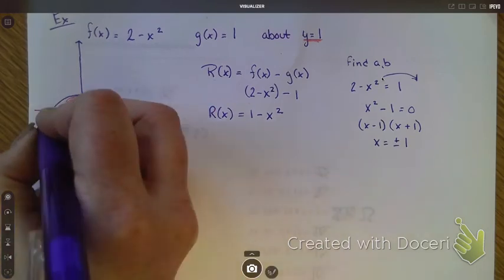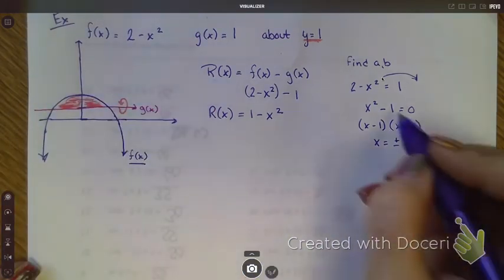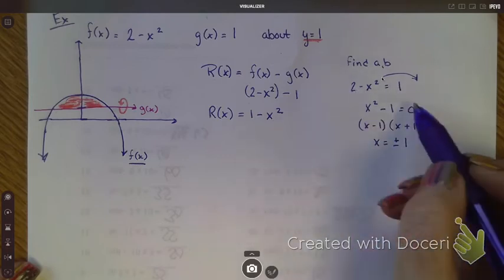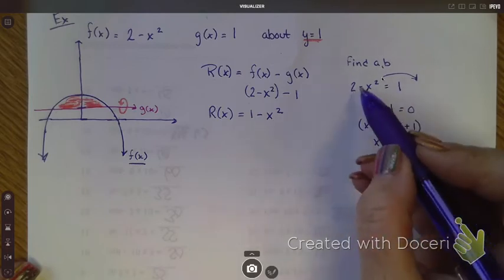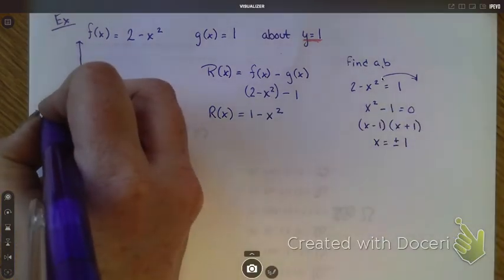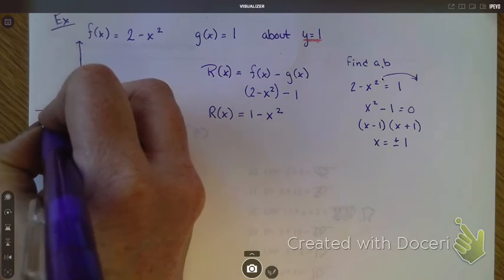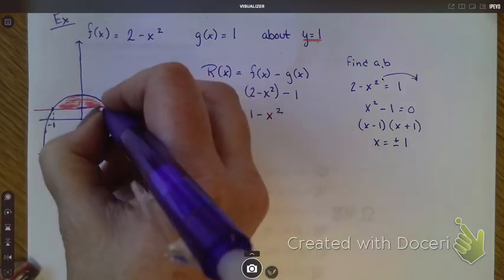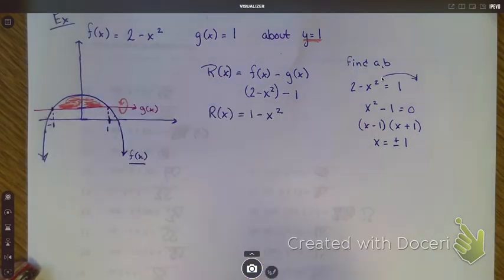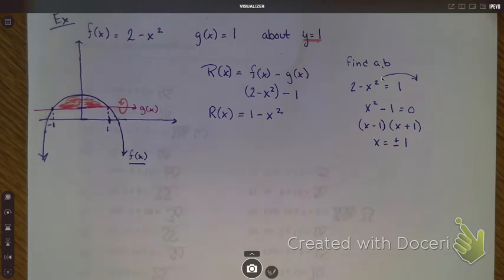What happened to your 2? I moved everything over. I added my x squared and subtracted my 2. Okay, so this point of intersection right here is negative 1. And this point of intersection is what? 1. Is that better? My brain knew what I was doing, but I wasn't drawing it correctly.